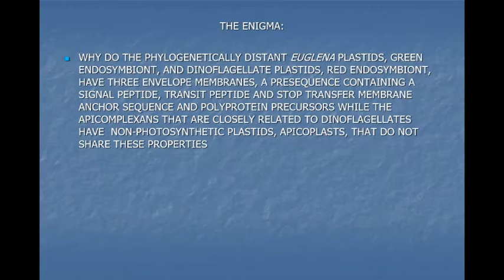They have the same type of pre-sequence containing signal peptide, transit peptide, and stop transfer membrane anchoring sequence, and they have polyprotein precursors. These are not seen in any other system, to my knowledge. If we look at the apicomplexans, which are presumed closely related to the dinoflagellates with their non-photosynthetic plastids, they do not share these precursor properties. And I guess to me the enigma is, how have these evolved?